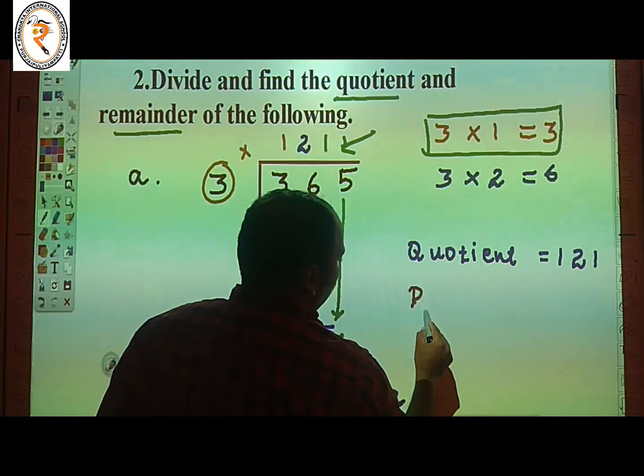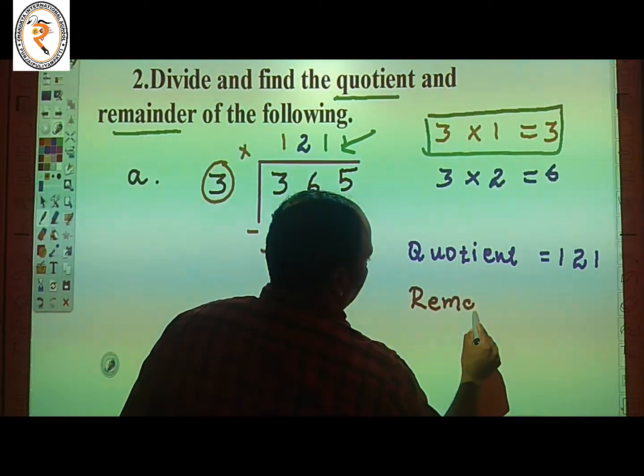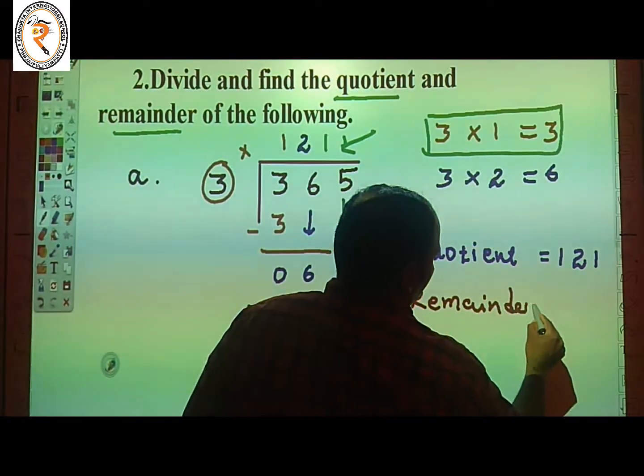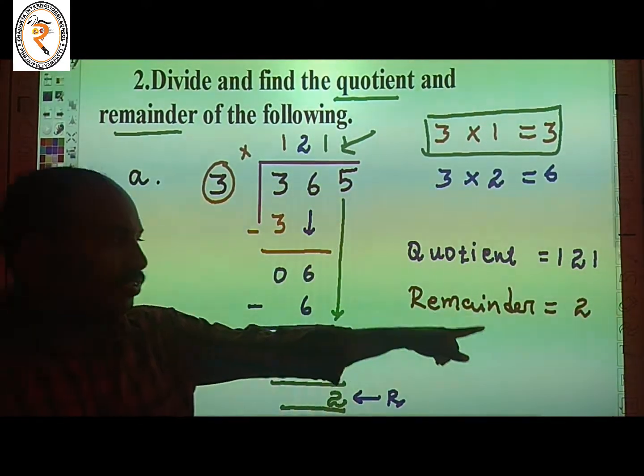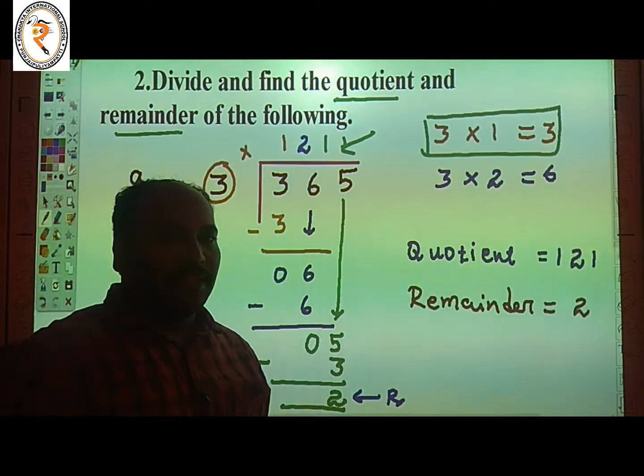So the remainder is 2. The quotient is 121 and the remainder is 2.